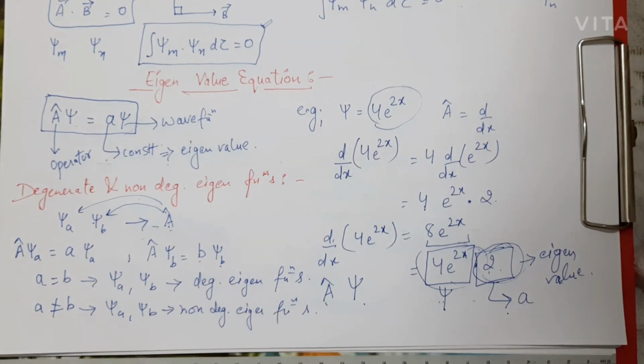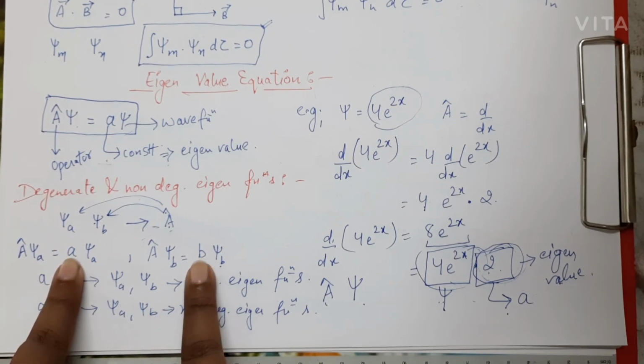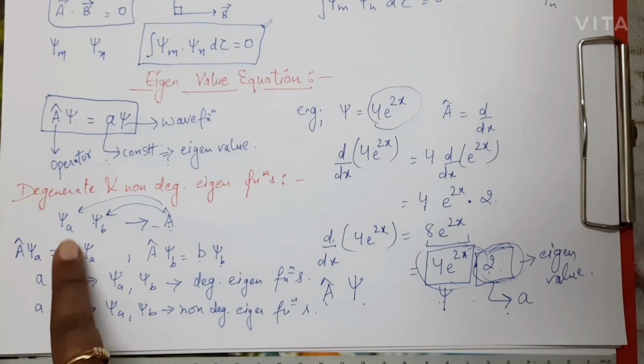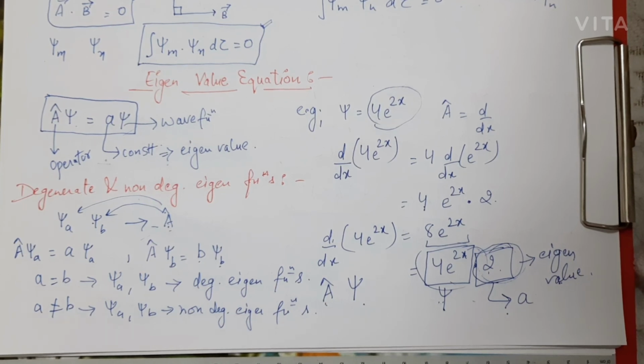So if after solving these two you are getting these two constants as equal, then the wave functions psi a and psi b are degenerate eigenfunctions. And if a and b are not equal, then psi a and psi b are non-degenerate eigenfunctions. So this is all about degenerate and non-degenerate eigenfunctions.